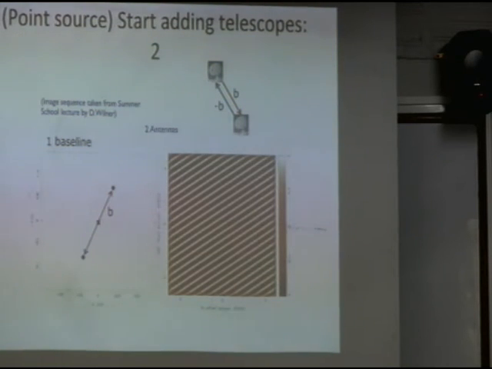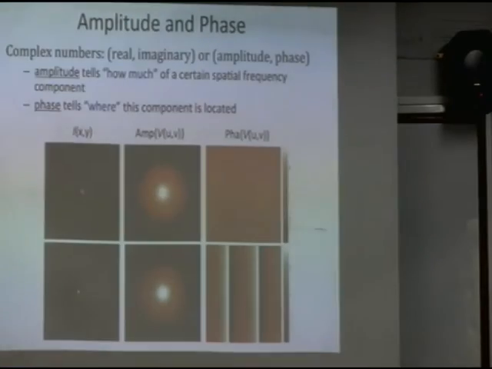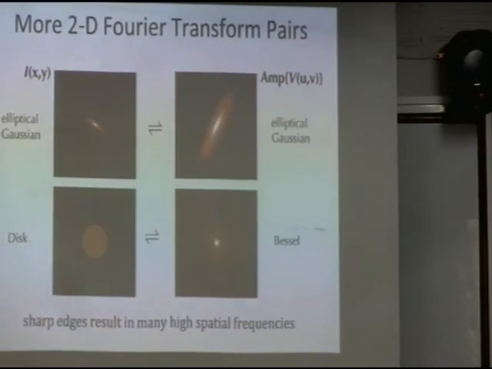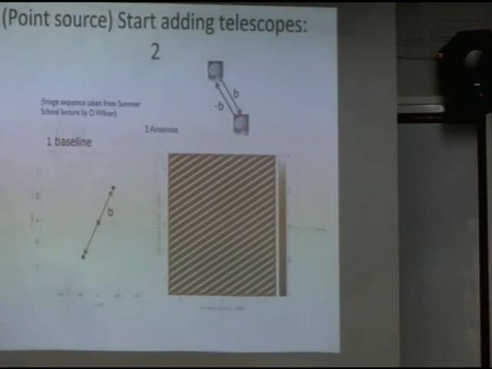Let's assume we have a point source in the sky, a very far away object, a single point source. So we are going to look at the case when we have just two antennas and a point source up there.